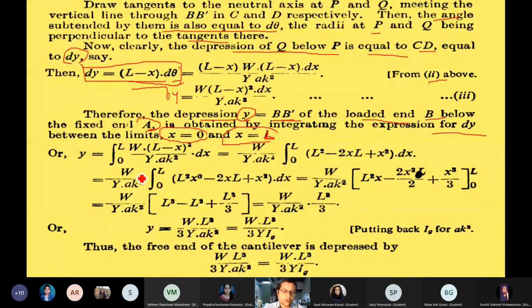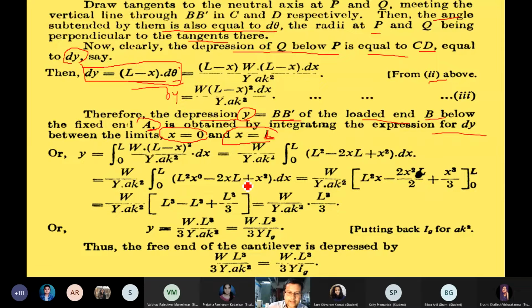This is the whole depression that we need to consider along BB prime. Hope you understand this derivation and why it is calculated as an integration from 0 to L. You solve the steps for dy and integrate to get the value of y, the depression produced at its free end, the B end.